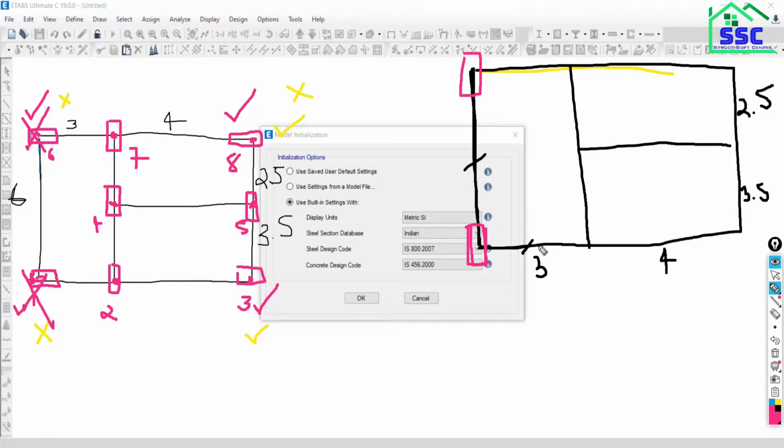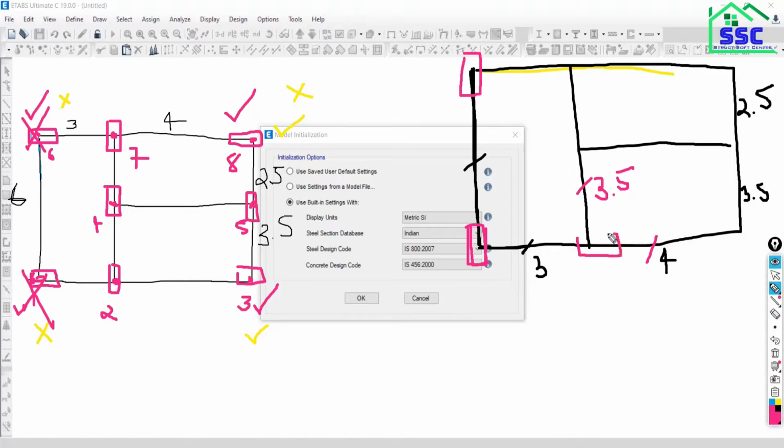First one done. Now this is 3.5 and this is 3, so here the column orientation will be like this. But if you look at this side and this side, it is 4 and 3.5, so this column position changes to the horizontal direction like this.